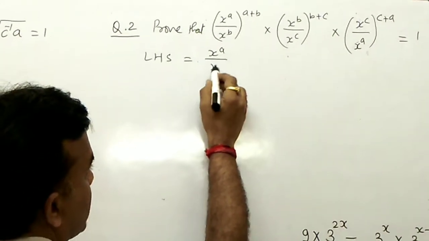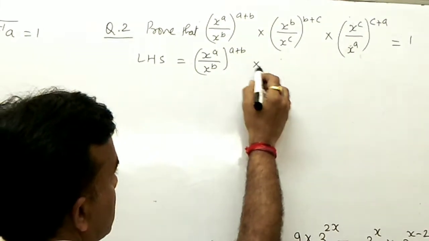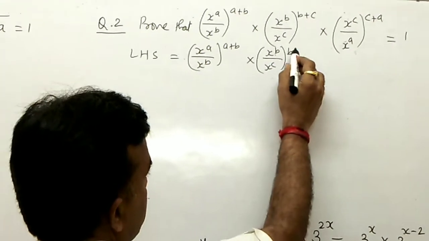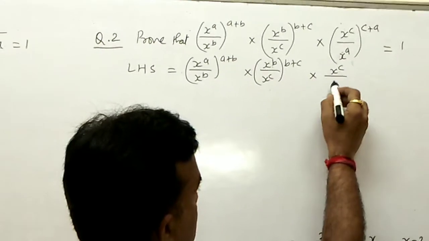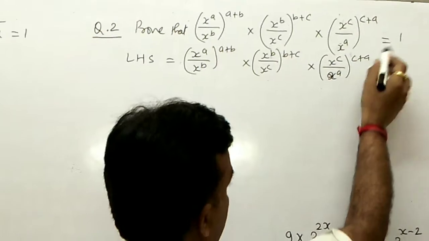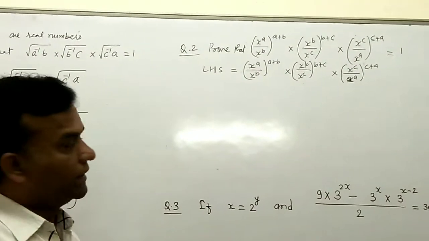x to the power a, x to the power b, and then whole to the power a plus b. Similarly x to the power b, x to the power c, and then b plus c. And then similarly x to the power c, x to the power a, and then whole to the power c plus a. Again we have the same condition. Now in the right hand side we have 1.